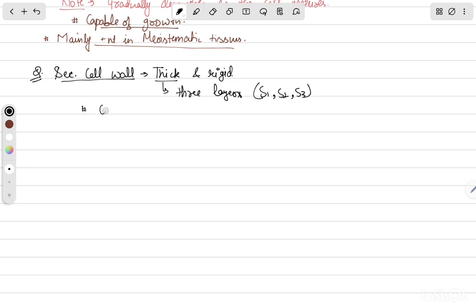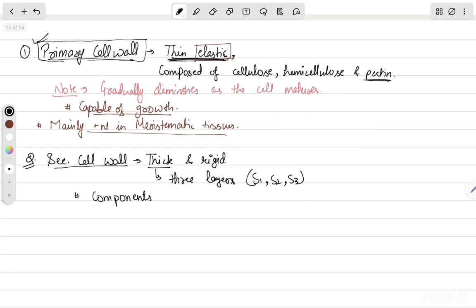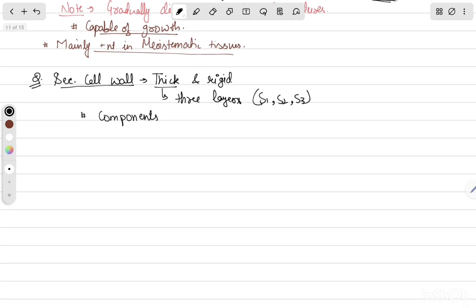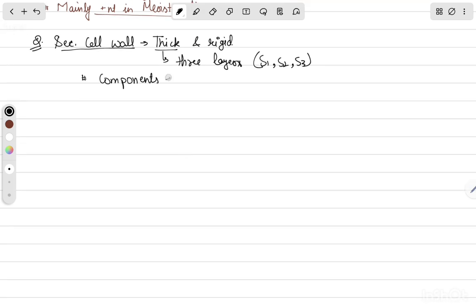Components of secondary cell wall: for primary cell wall, we've just discussed that components are cellulose, hemicellulose, and pectin. Here, the components are cellulose, hemicellulose, pectin, and lignin deposition starts in these cells.